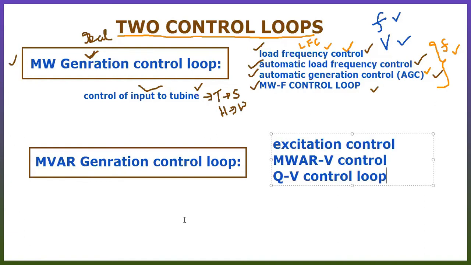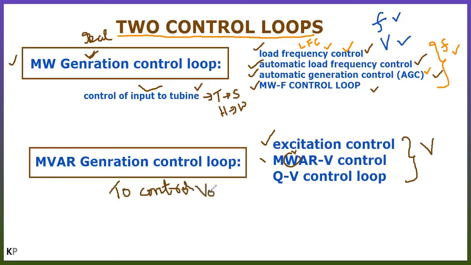These are the other names of this control loop: excitation control loop, MVAR control loop, and QV control loop. The ultimate aim of this control loop is to maintain the voltage constant, to control the voltage. That is the main aim.